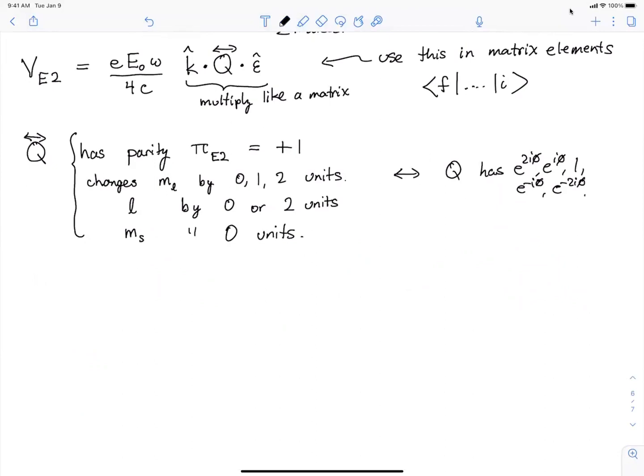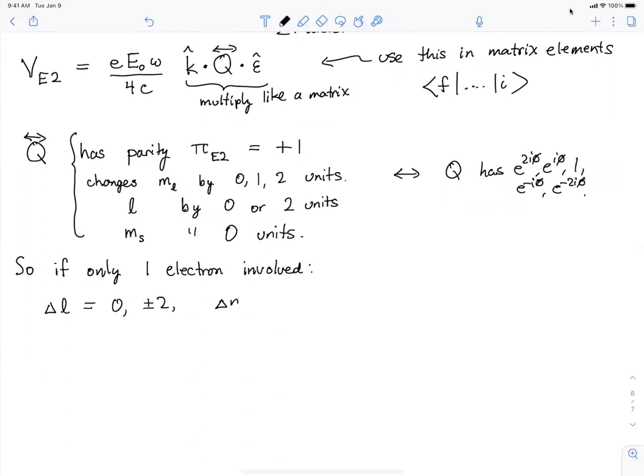So to say that another way, if only one electron is changing states, then delta L is 0 plus or minus 2. Delta M sub L is 0 plus or minus 1 or plus or minus 2.